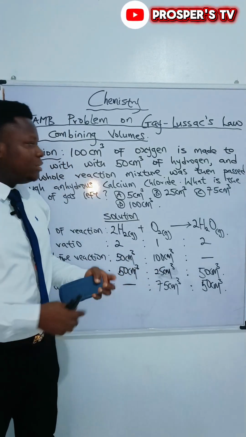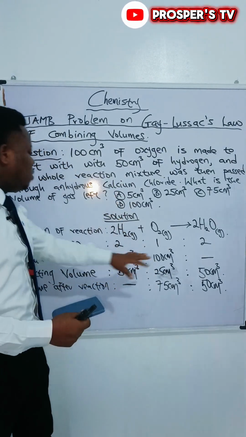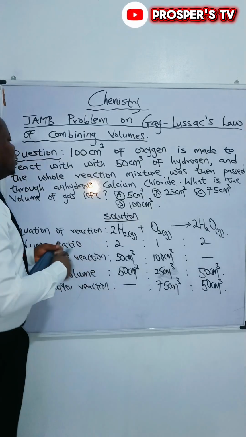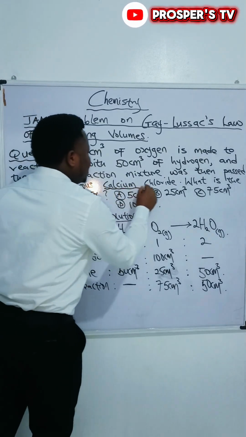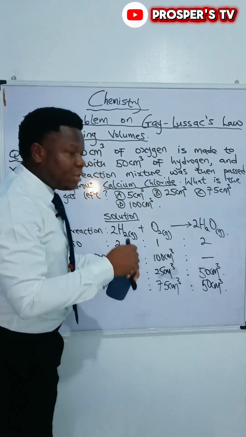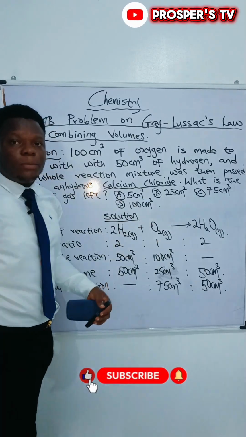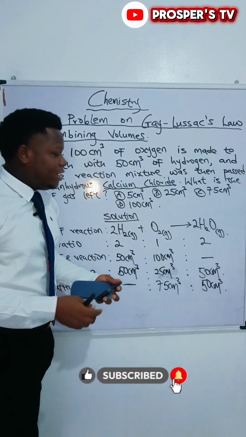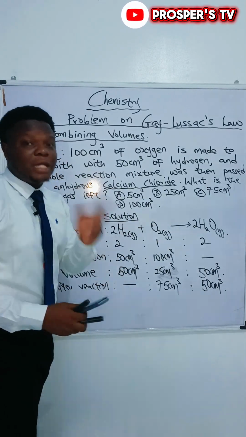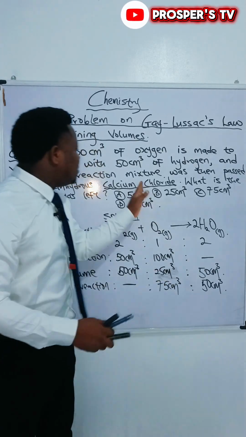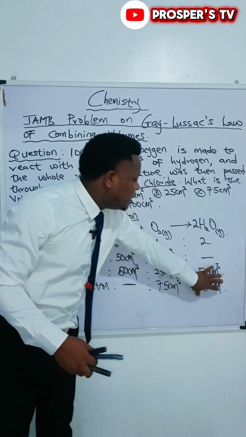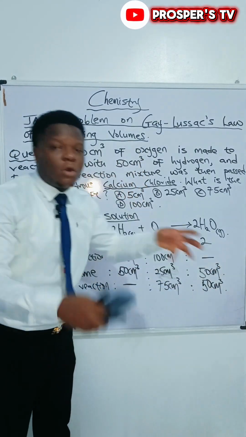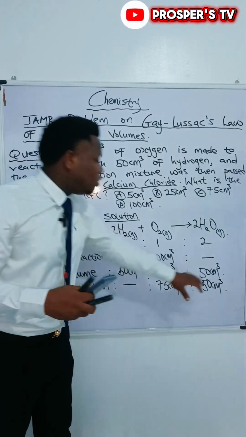So how do you get your answer? In this case, they said the whole reaction mixture was passed through calcium chloride. Calcium chloride has the ability to remove moisture from substances. It's a drying agent, or should I say a dehydrating agent. So the function of the calcium chloride is to remove the steam from our product mixture.